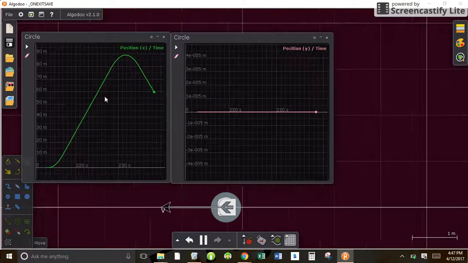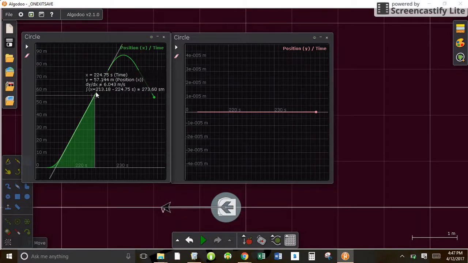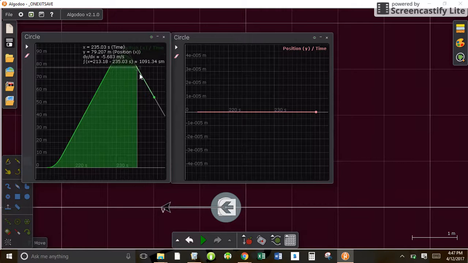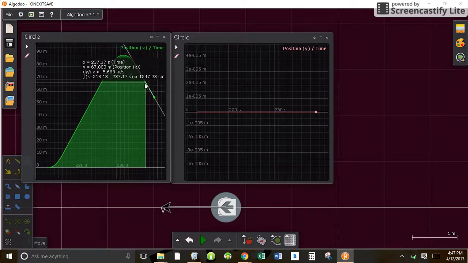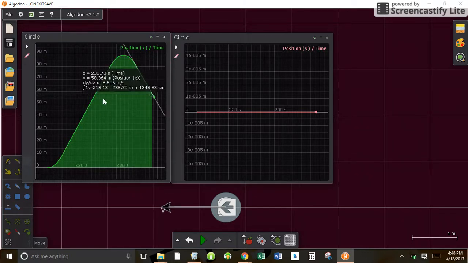If I take a look at my graph, when I pause this, check it out. I have a velocity of 6 meters per second, and over here I have a velocity of negative 5.6. I was pretty darn close. I wasn't exactly right, but it's about the same speed. This one is going a little bit slower on the way back.